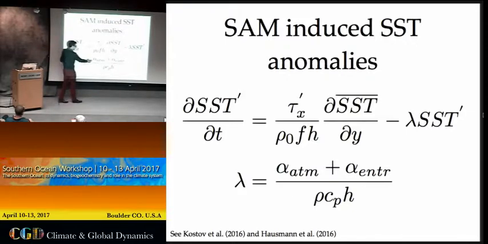The rate at which this happens depends on a number of factors like latitude and season, but also the scale of the anomaly. If the anomaly is very large, then as the wind blows over it, it warms up or cools down, and so only the edge of the anomaly is experiencing that fresh wind. The other term that I've got here is entrainment. So this is subsurface effects in the ocean.